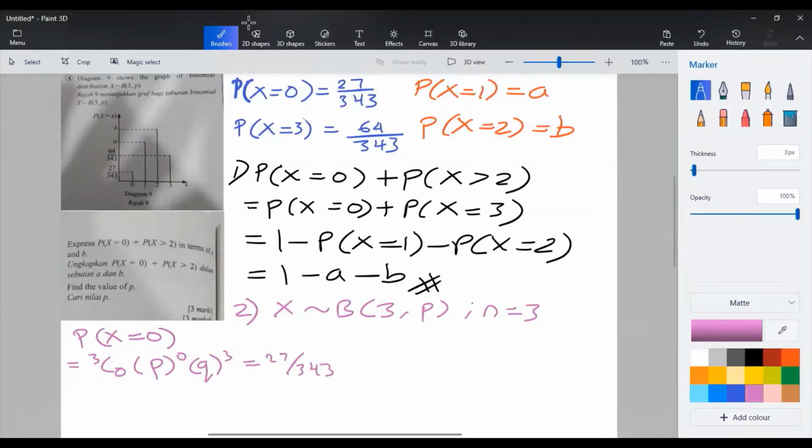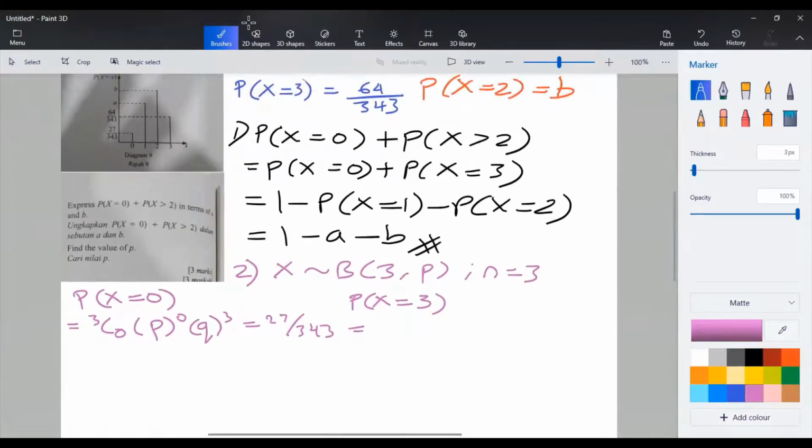And then we have another one, x equals 3, where we get 3C3, p power 3, q power 0.